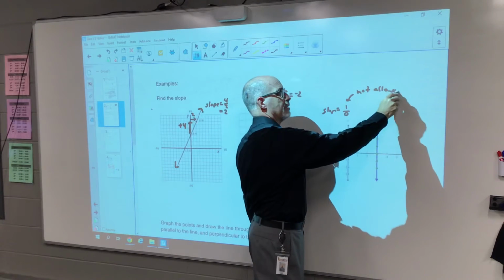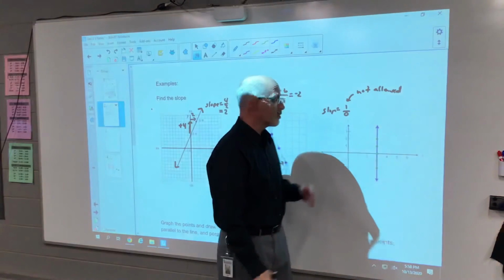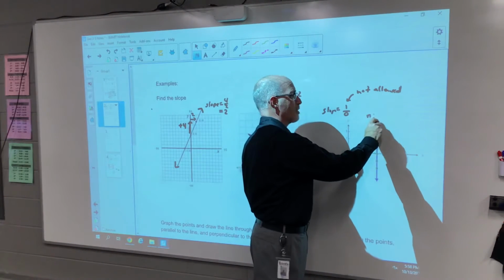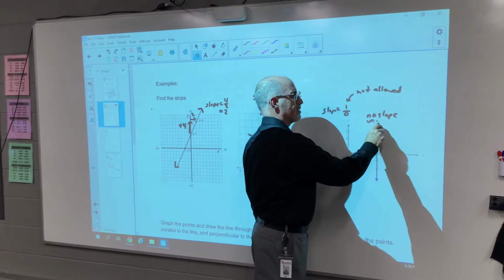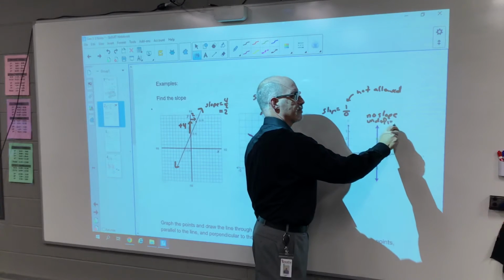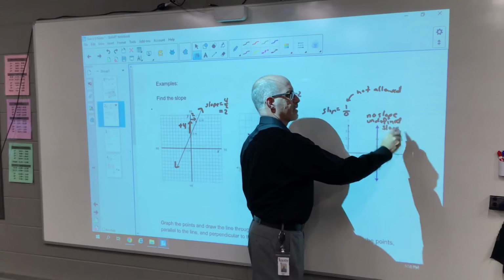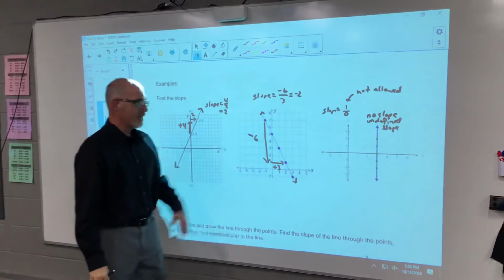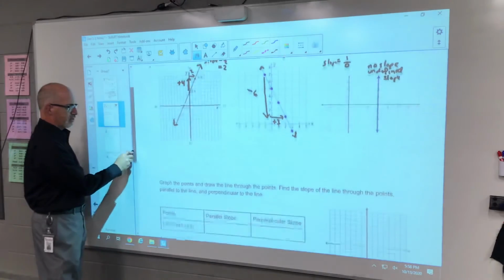Okay? Dividing by 0 doesn't work. You can try it, it doesn't work. So that means we have no slope, or we also call that undefined slope. Know it by both terms. Okay? Undefined slope. Okay, so vertical lines are no slope or undefined slope. All right, let's look down here.